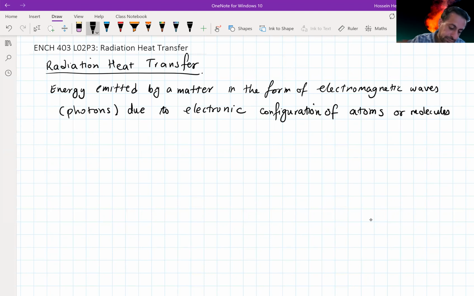So let's look at the spectrum, electromagnetic wave spectrum.